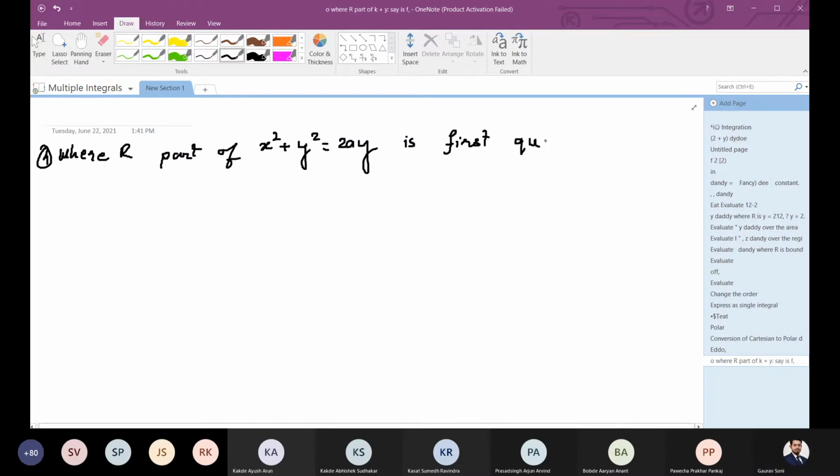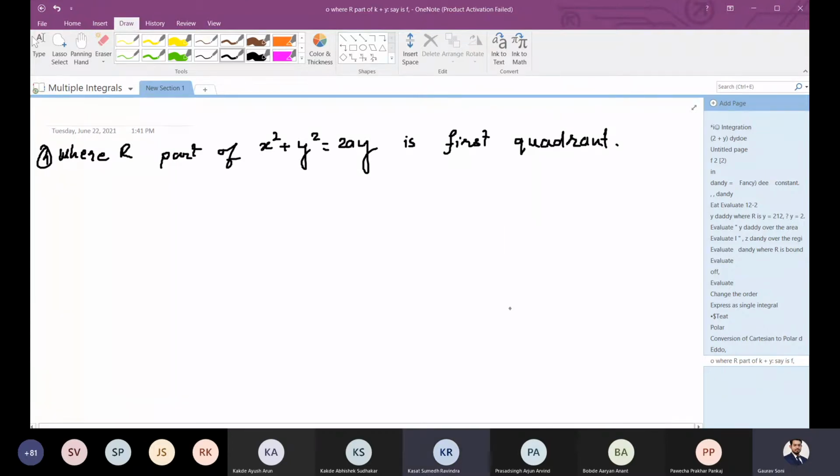I want you to try this. Let's see who can do it. At least try to draw the circle.